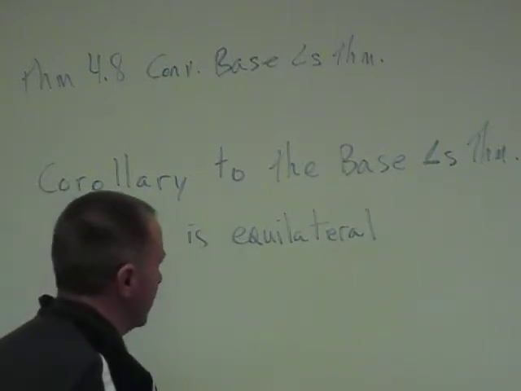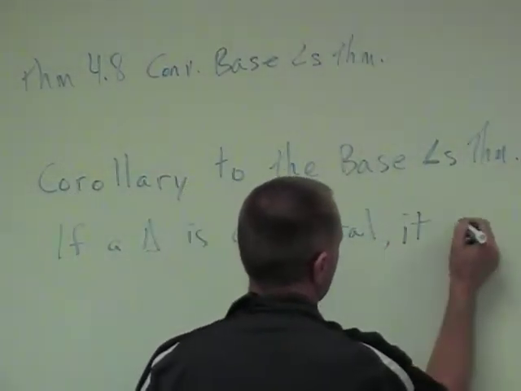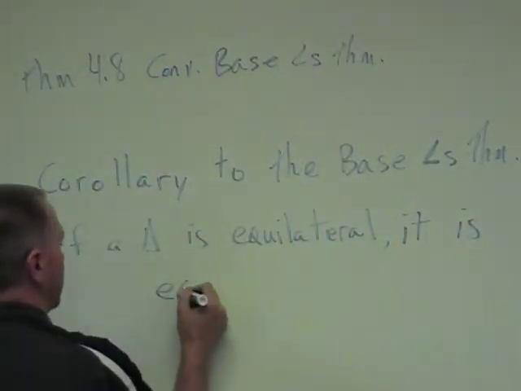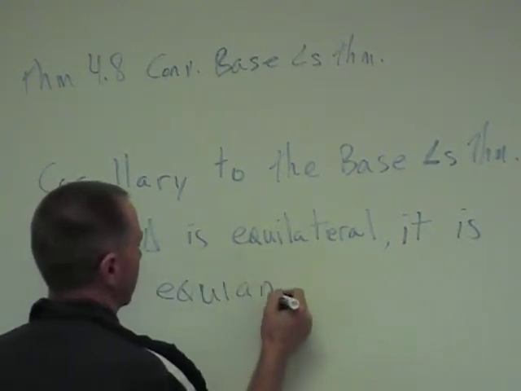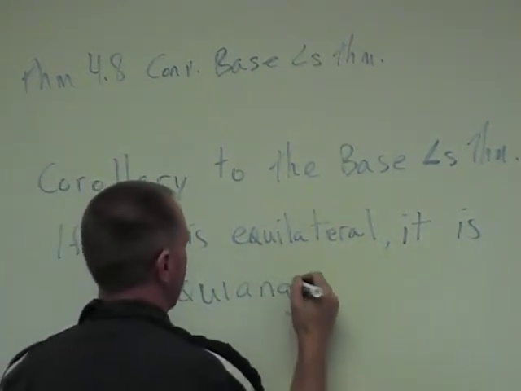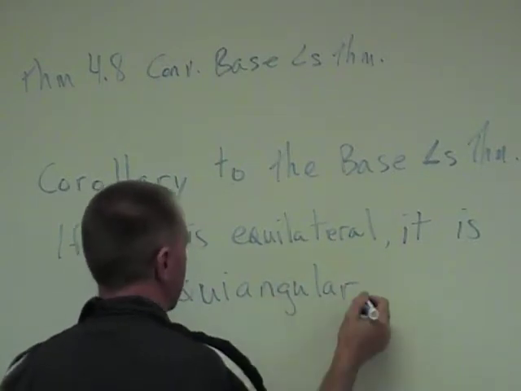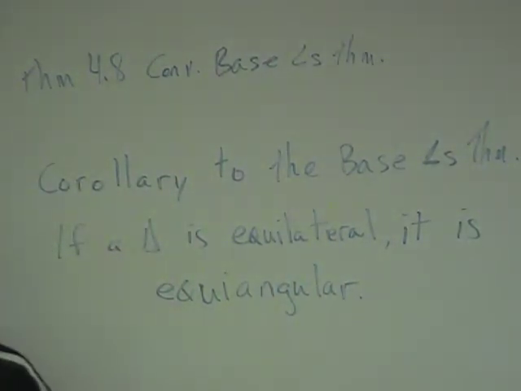So if a triangle is equilateral, it is equiangular. Now you can actually say that. That's what the corollary is. You've known it all along, now you actually have something. You couldn't have said it before.